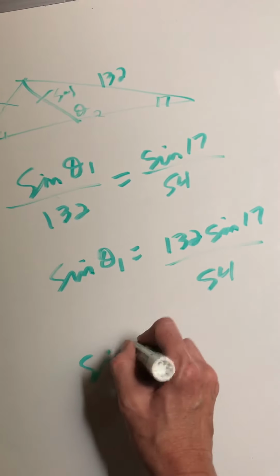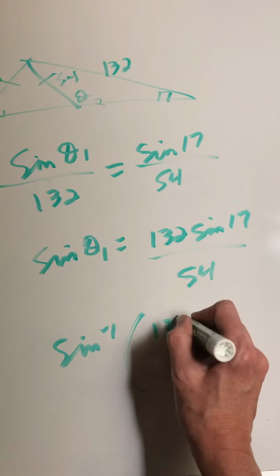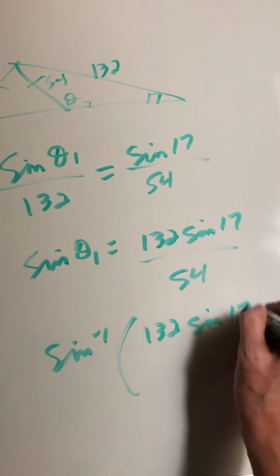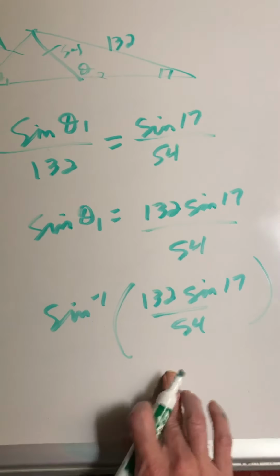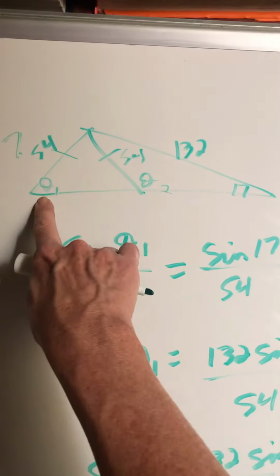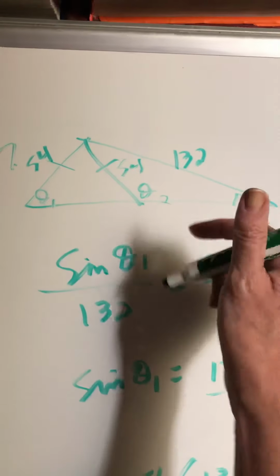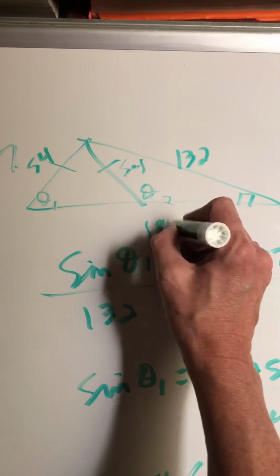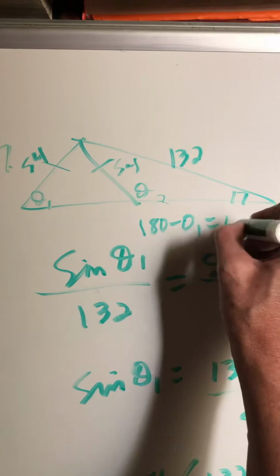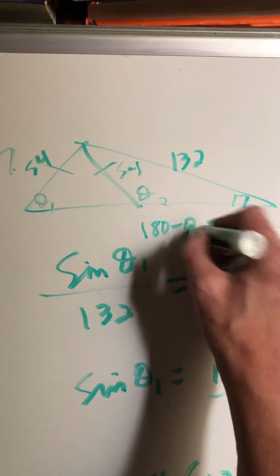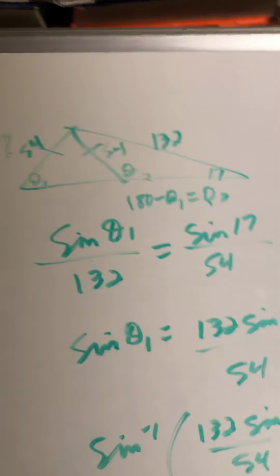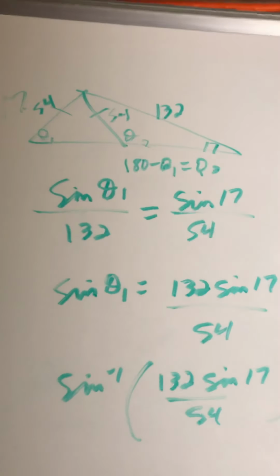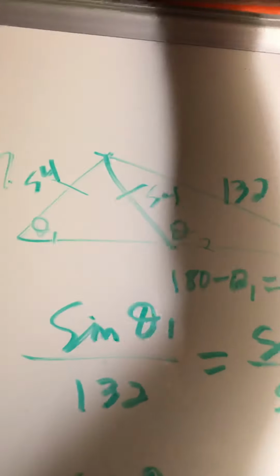That means you have to do the inverse sine of 132 sine 17 over 54. Once you find theta 1, it'll go here and here, and then do 180 minus theta 1 to get theta 2. So that should help you on number 17.